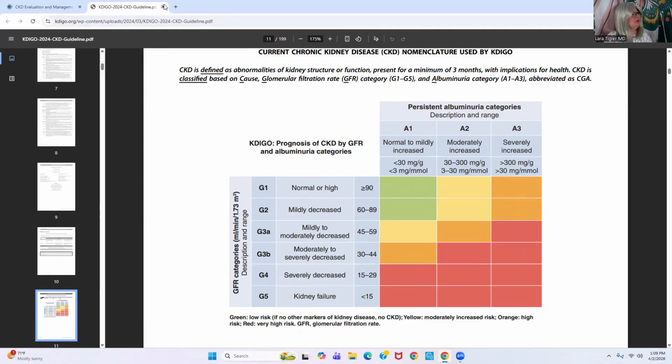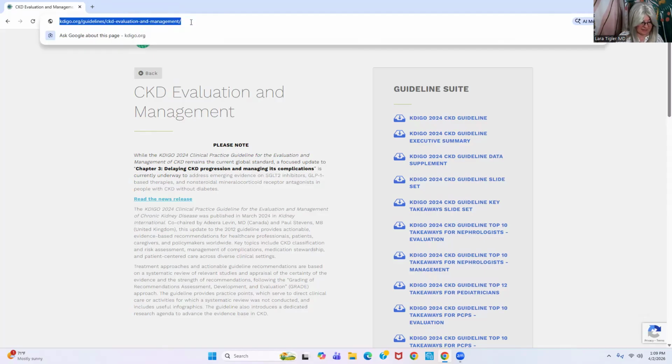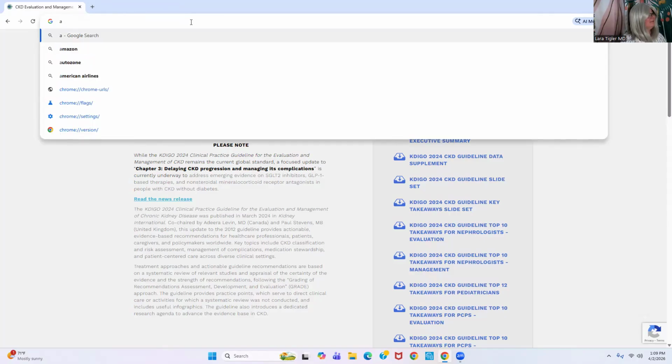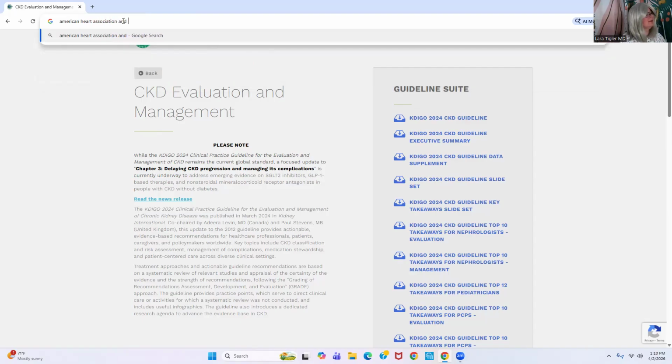Okay, so I'm going to get out of this window. So I gave you some updates on the kidney guidelines. So now let's go to blood pressure. So the American Heart Association, I'm going to type it a bit differently, and ACC goal blood pressure.